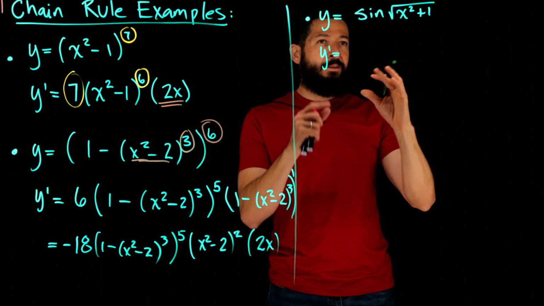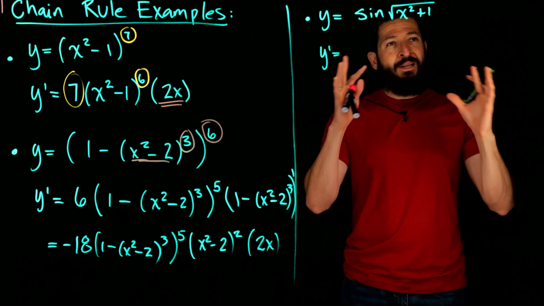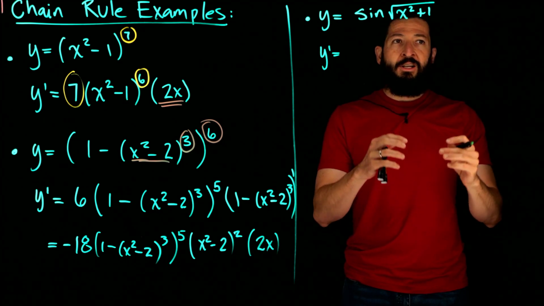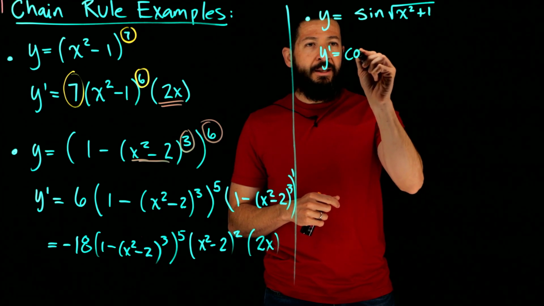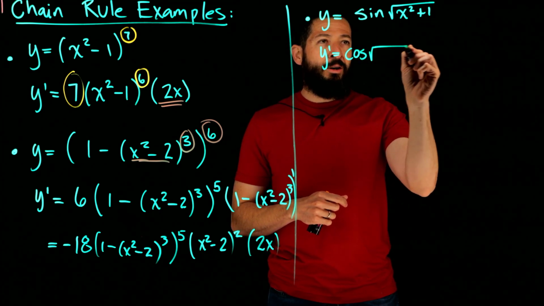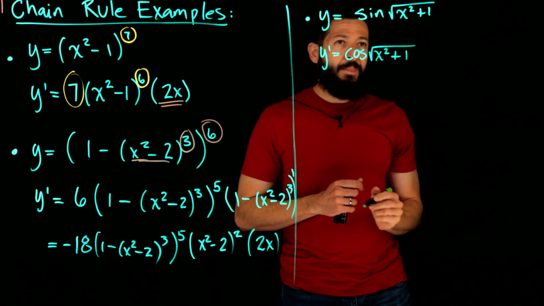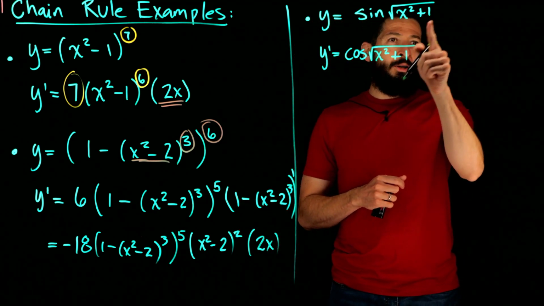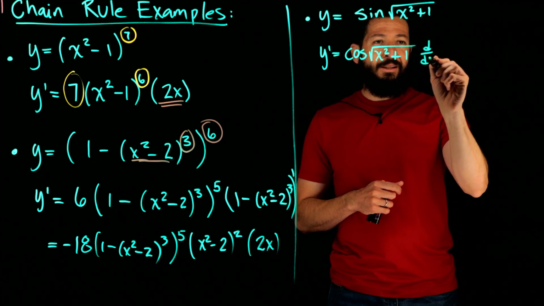Derivative of the sine, first you just look at the outermost function. You don't care about what's happening in the inside at first, just the outermost. So derivative of the sine is cosine. You copy everything else. You don't concern yourself with it yet. Now, what you know you're going to have to pay is with the derivative of the inside.